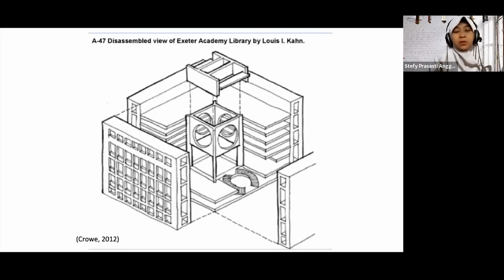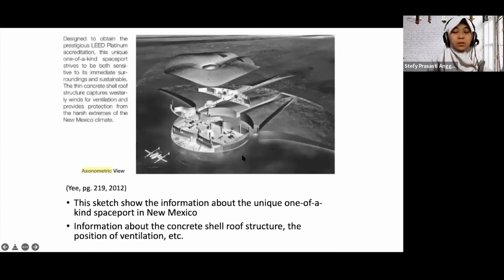Yeah, this is the kind of explodometric drawing from the disassembling view of Exeter Academy Library by Louis Kahn. And this is the kind of computer drawing with the explodometric. In this picture, we can see the sketch shows information about the one-of-a-kind spaceport in New Mexico.